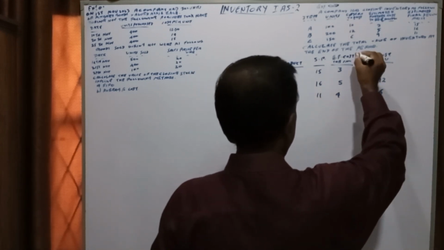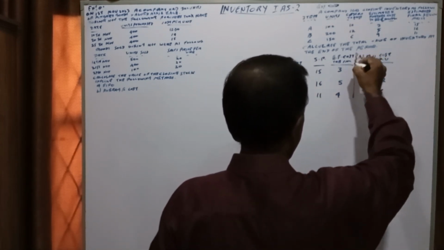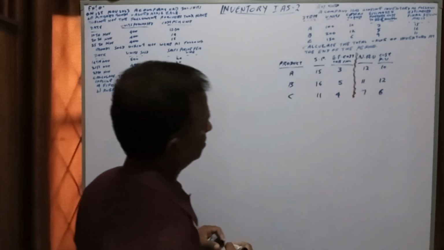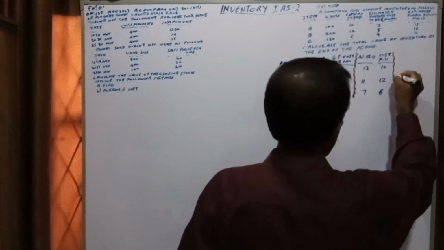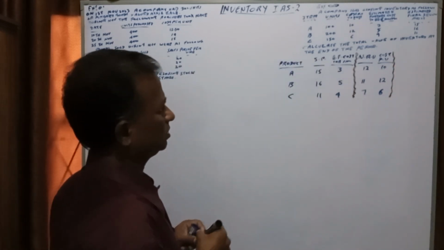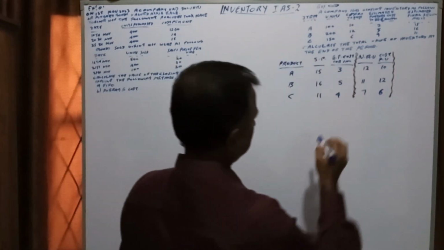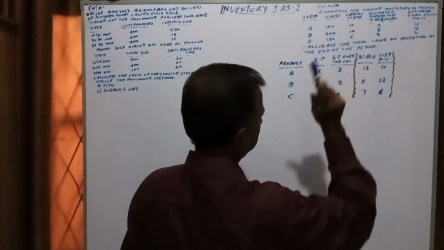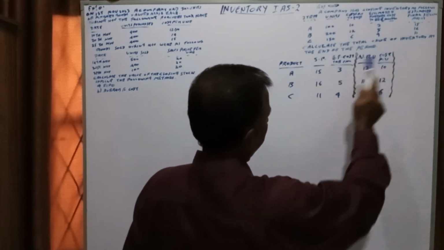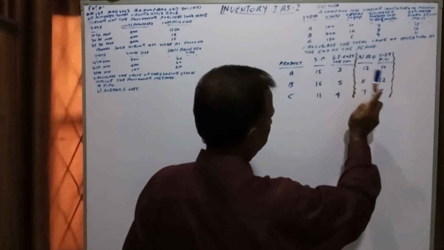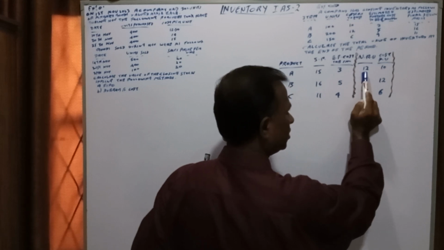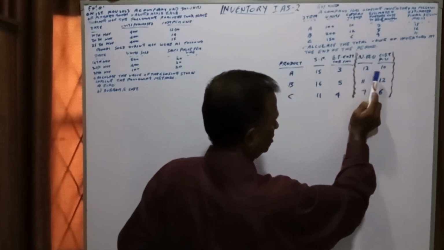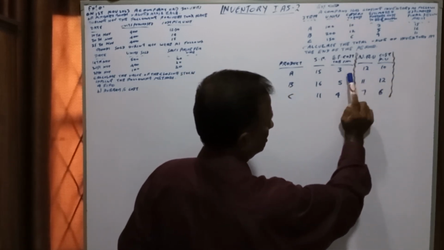The IAS standard says whichever is lower, net realizable value or cost, you can evaluate.